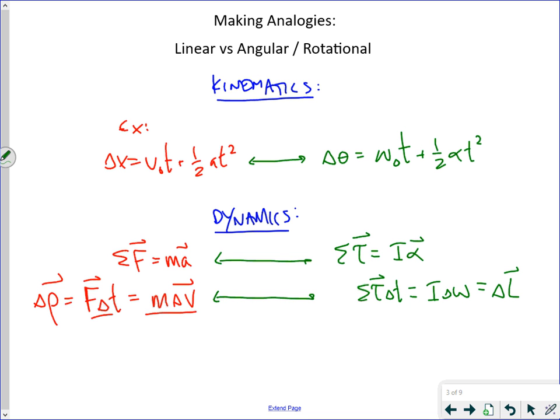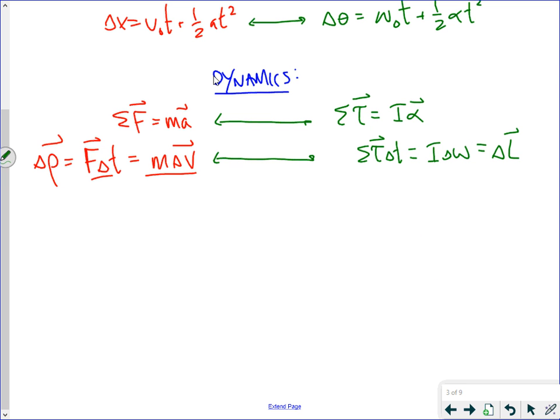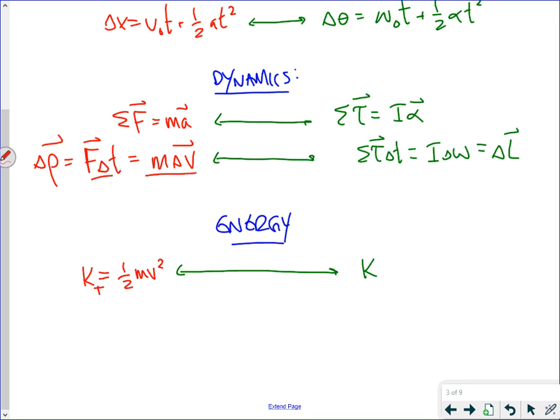When we get to energy, on the linear side, we have K is 1/2 m v squared. That's K translational.